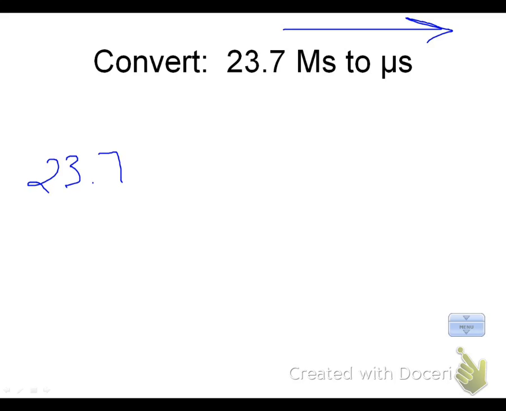Let's count the steps sort of together. So we go from mega to kilo, that's 3 steps, to hecto is 4, deca 5, base 6, deci 7, centi 8, milli 9, and then a big 3-step jump to micro, that's 12. So this is a 12-step move.